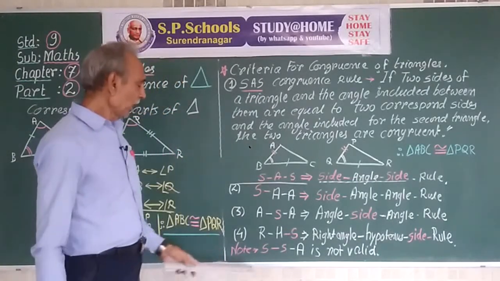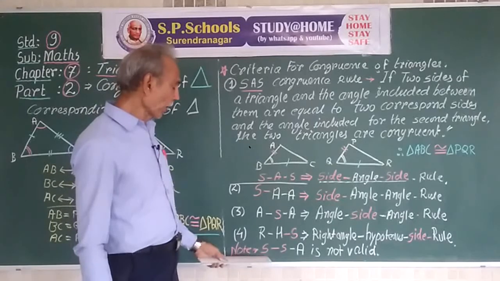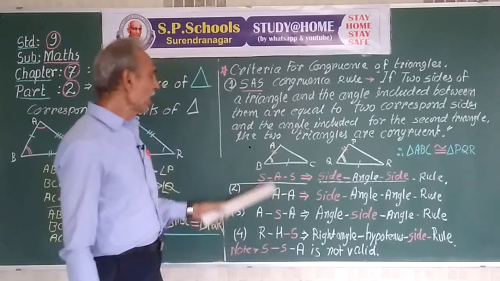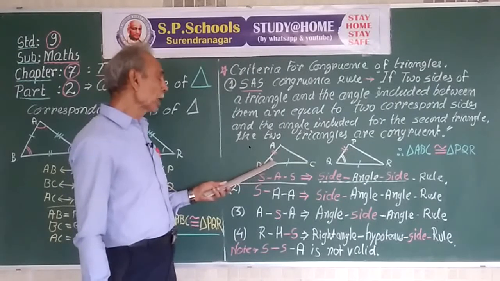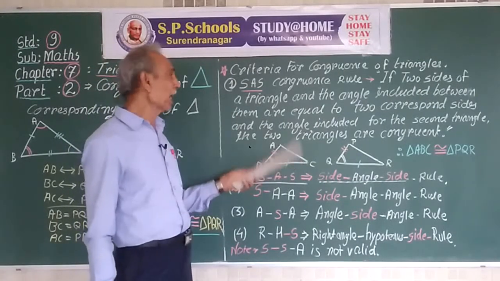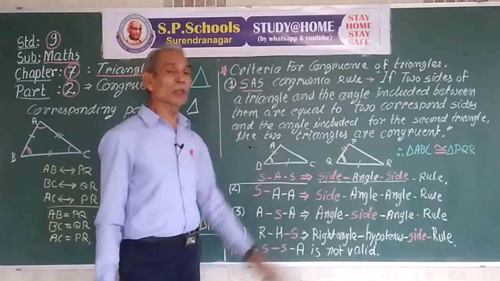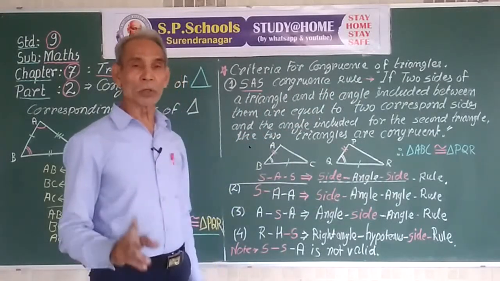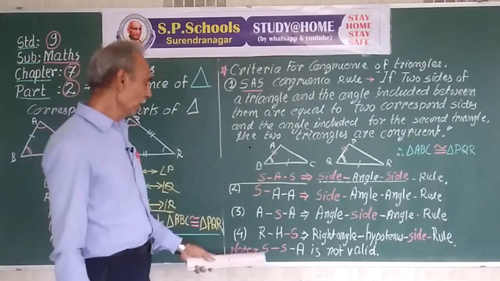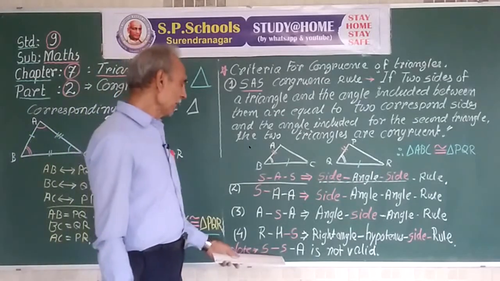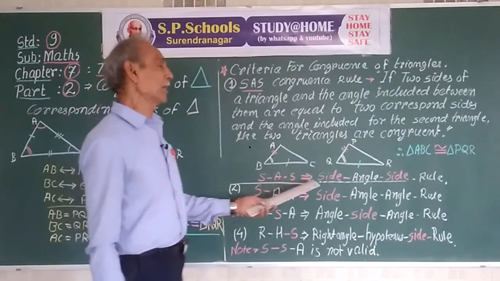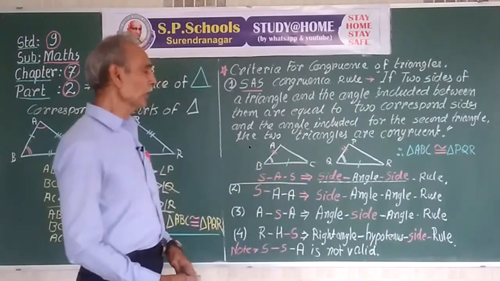But it is important that for the neighboring two sides, if the angle included between them is not taken and the other angle is taken, then this congruency test doesn't hold good. Therefore, the side side angle test fails in congruency of the triangle.